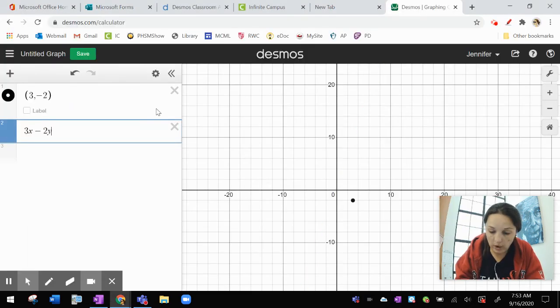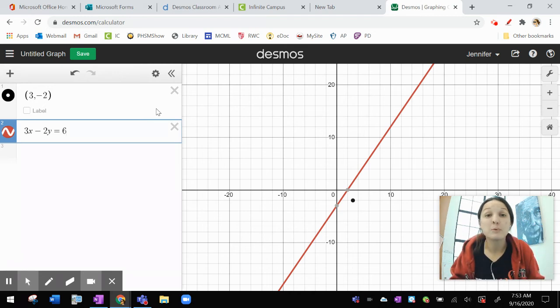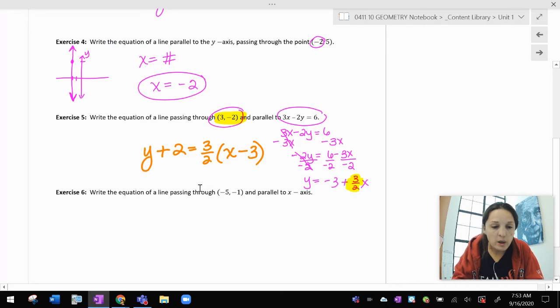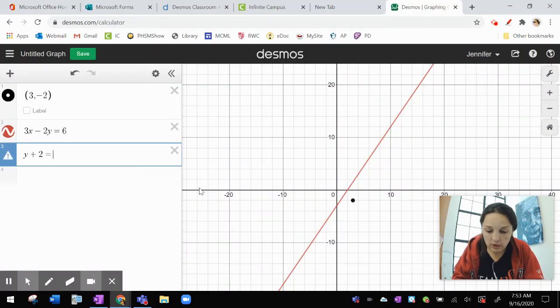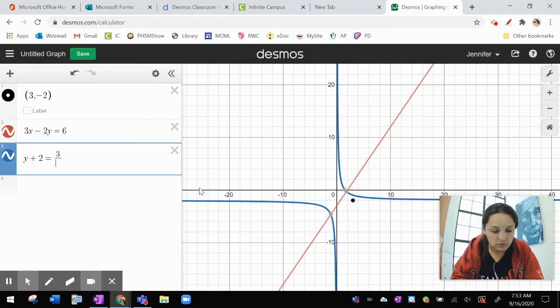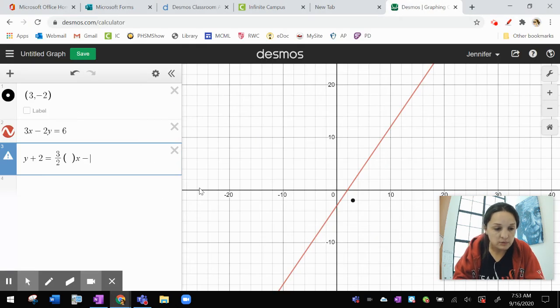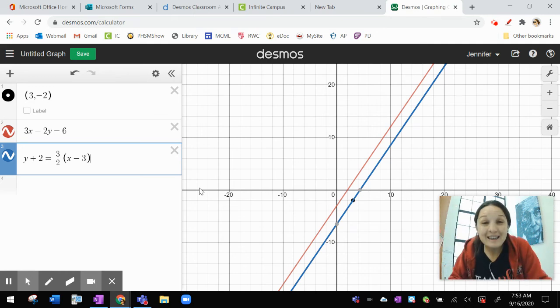Yes, Desmos can do non-y equals equations. Score. Okay, so I need to create a line that passes through this black point and is parallel to that red line. Let's see if ours works. y plus 2 equals 3/2 (x minus 3). Ta-da! It is. It works.